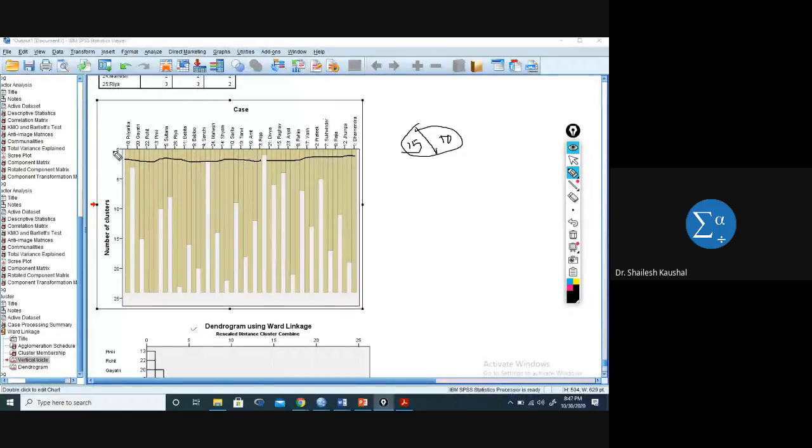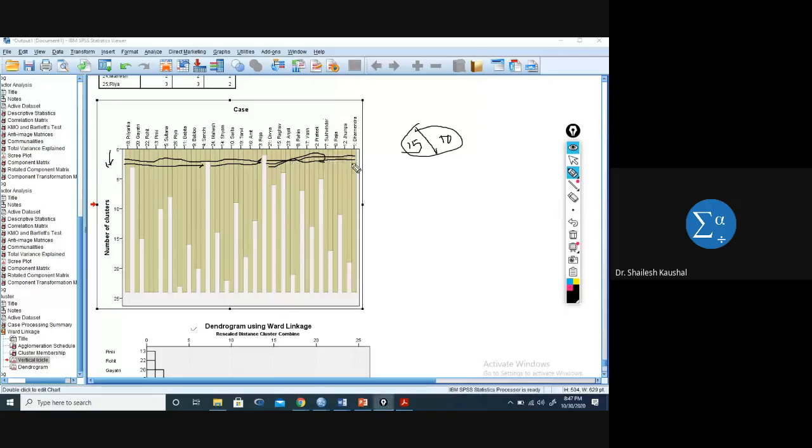Now I move from top to bottom. Next this is the bar. When I draw the line here, there is one cluster, second cluster and third cluster.